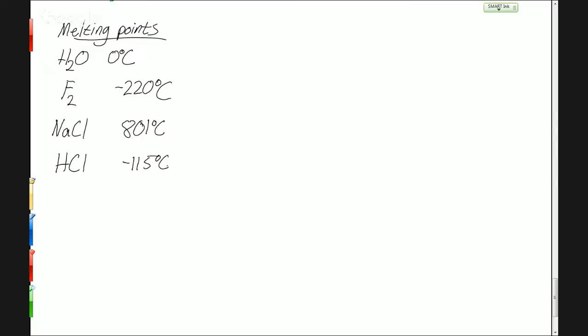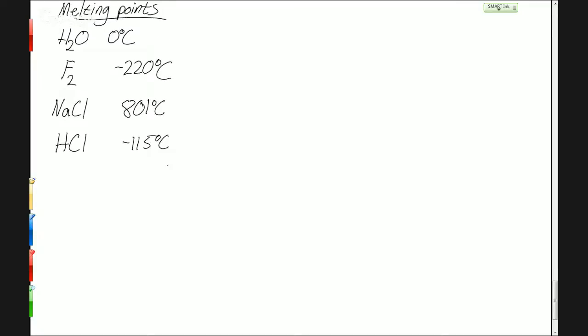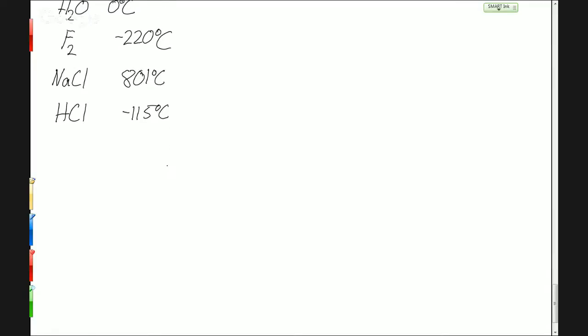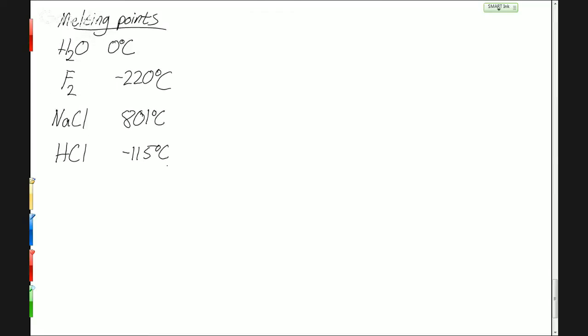So huge differences in melting points, obviously, but these can be explained by the ways that these molecules hold together. These ideas of polarity tell us how tightly molecules can hold each other together. And these attractive forces, of course, have a name.